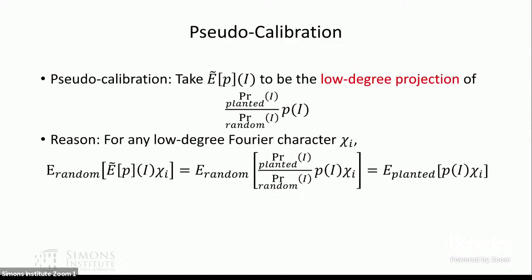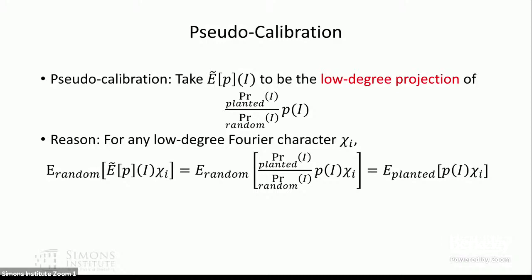So the reason that this works well is as follows. If we look at the expected value over the random distribution of the pseudo expectation value of p times chi_I, here we just plug in this expression, and then observe that this is just equal to the expected value over the planted distribution of p times chi_I.